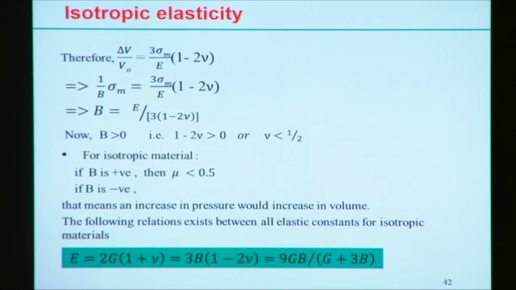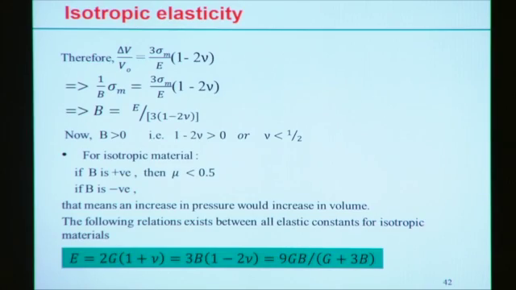From this relation, the definition of the bulk modulus, delta V by V0, is equal to 1 by B into sigma m, and on the right hand side there is also a sigma m. So here we find that the bulk modulus is E divided by 3 into 1 minus 2 nu. This is the expression of the bulk modulus in terms of Young's modulus and Poisson's ratio.